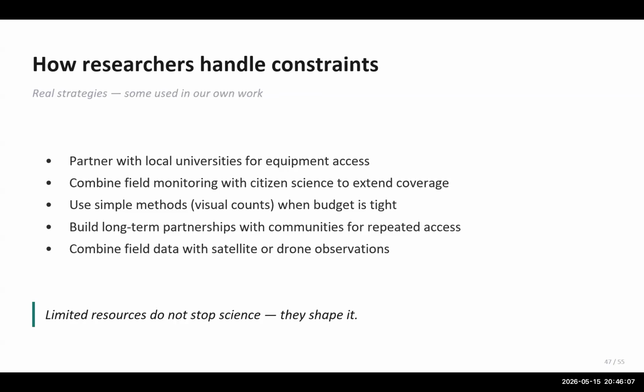And also combine the field data with satellite data or drone observations. Sometimes it's good to use other technologies to get the data that you cannot get by yourself. So even if we have limited resources, that will not stop you from doing science. It will only shape the way you do it. But there are always solutions.